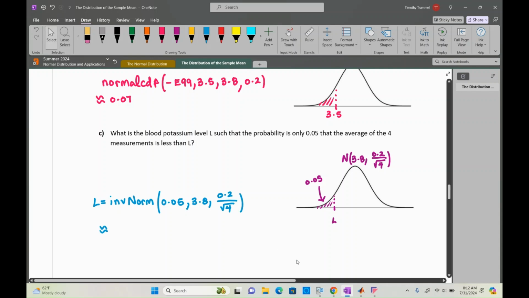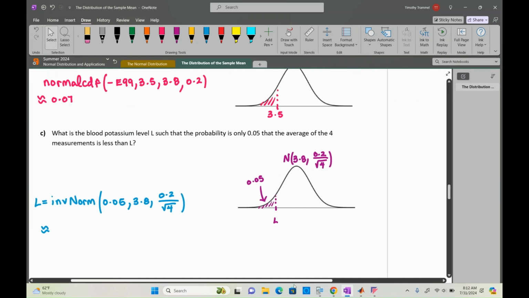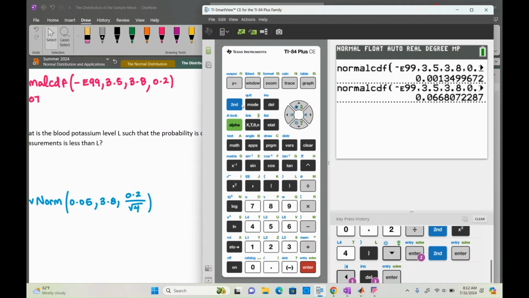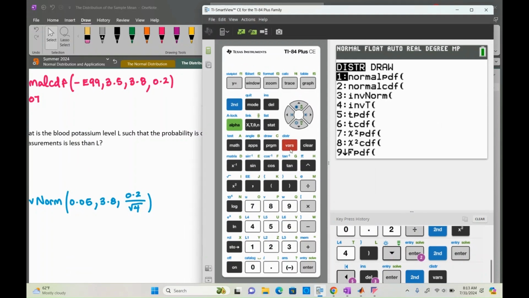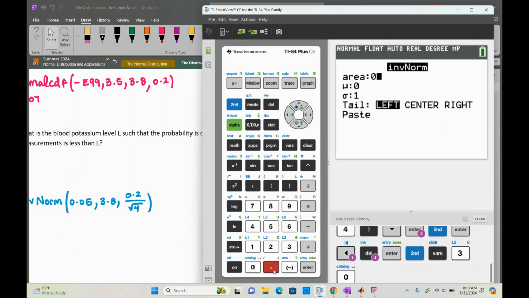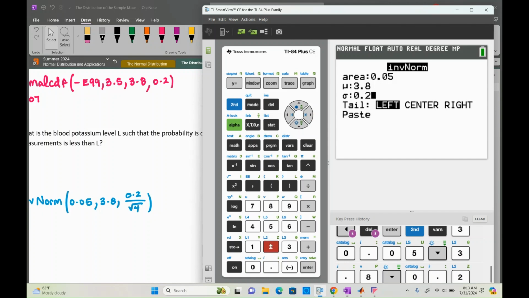All right, so let's go find this potassium level. So we will hit the same 2 buttons at the start here, which is second and vars. But this time we want number 3 for inverse norm. We'll type in that area. We'll type in the mean. And then we'll type in our standard deviation.